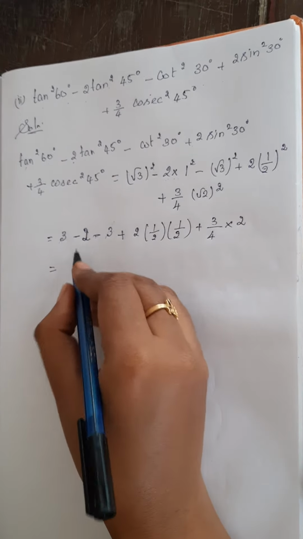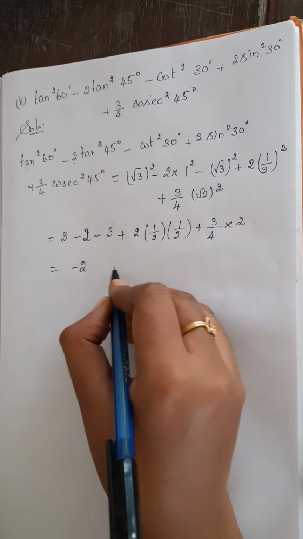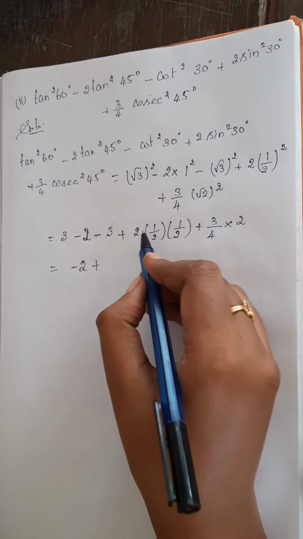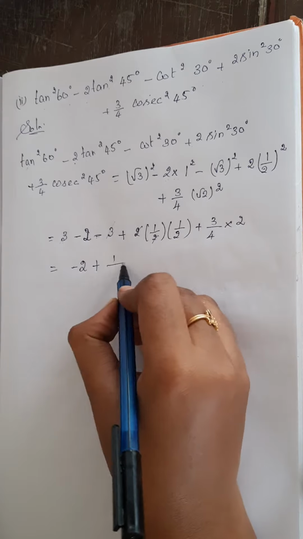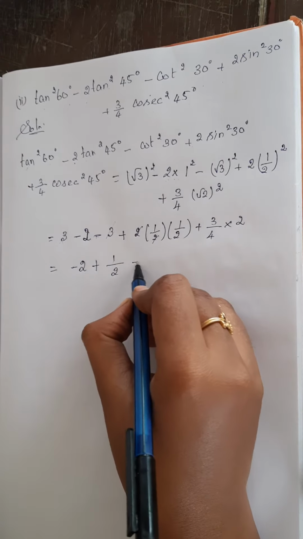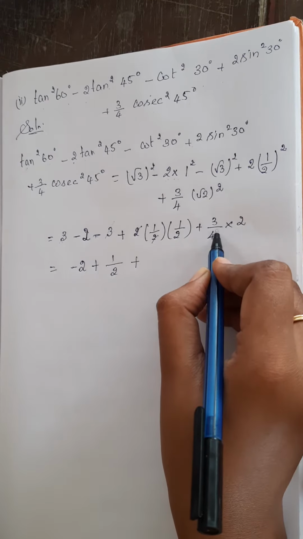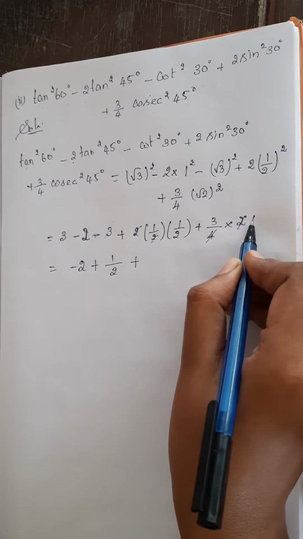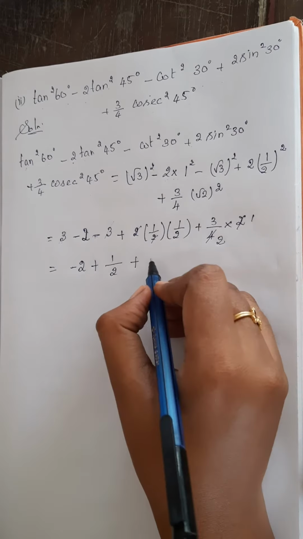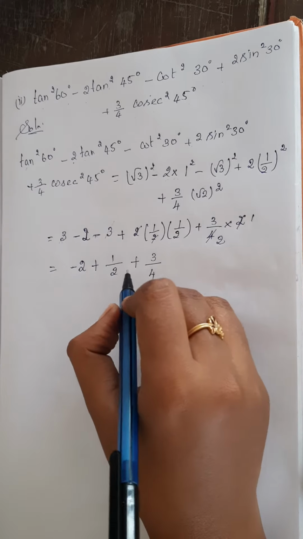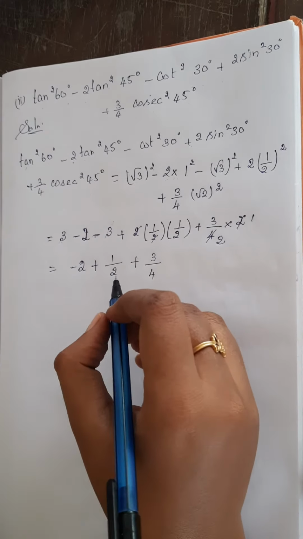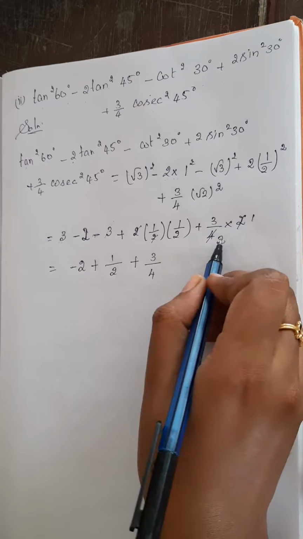So remaining is minus 2 plus, so cancel this 2 and this 2. Remaining is 1 by 2 plus, then cancel. 1 2 is 2, 2 2s are 4. So 3 by 4. Okay, 3 by 2.